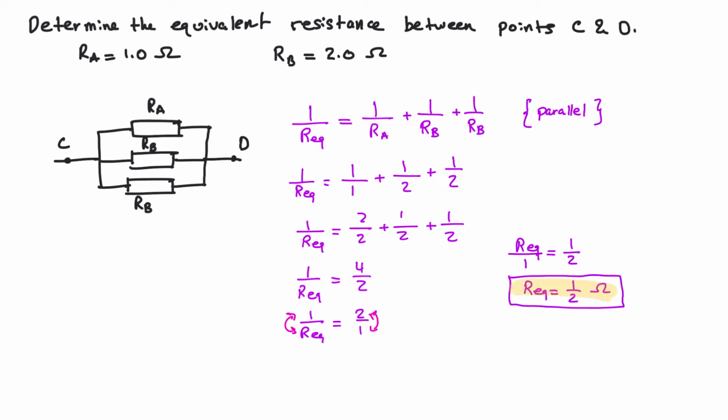In this question, some of the steps that I want you to always show are, first, the equation and the idea that it's used because they're parallel, and then one showing all of the values plugged in. This step is unnecessary.